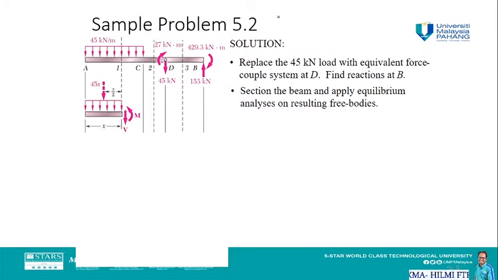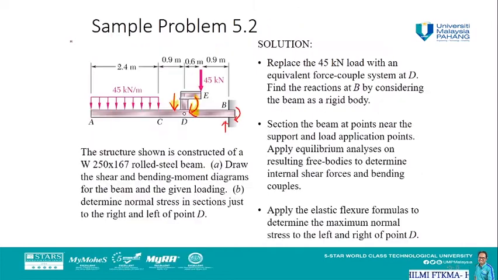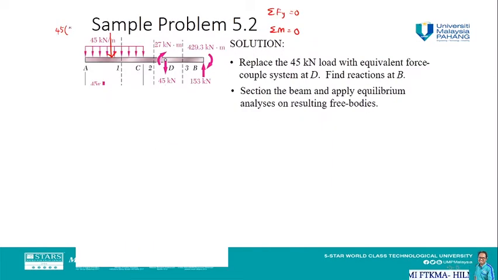Okay, similarly we can use the equation of total force at y-axis should be equal to 0, and the total moment also should be equal to 0. Okay, where we can represent this distributed load as one concentrated load, 45 kilonewton, can be represented as 45 times the distance is 2.4, so times 1.2, okay, meters.